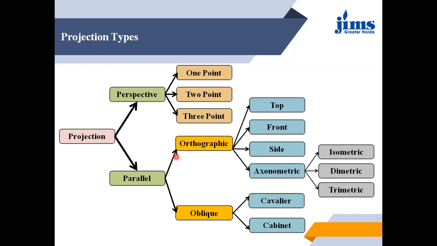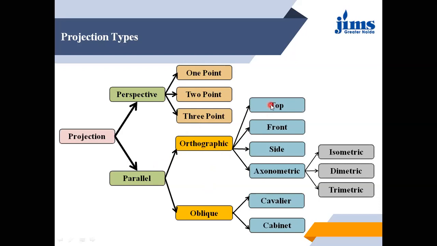In parallel projection, when all the rays are perpendicular, that is at 90 degrees to the image plane, then that is orthographic. When they are not perpendicular to the view plane, then this is oblique projection.